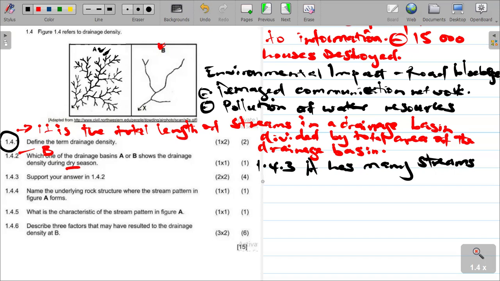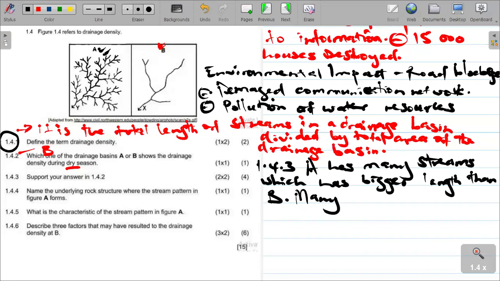Many streams which have bigger length than B. And then again, we have many first order streams present in A. That represents that there is too much rainfall taking place.